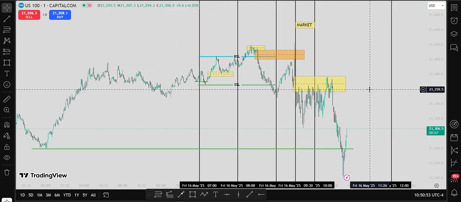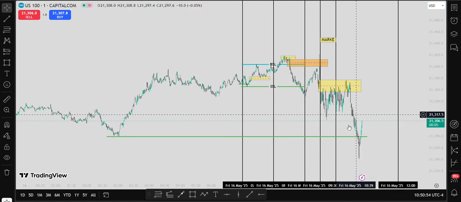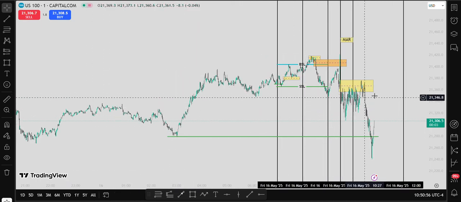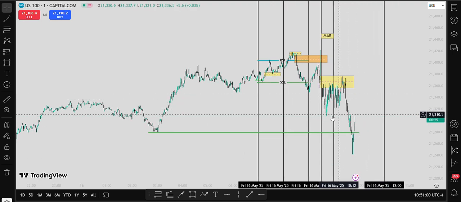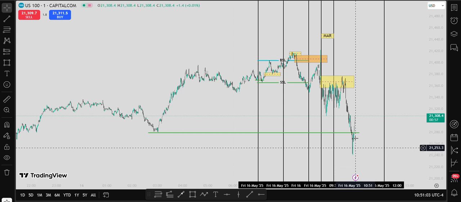And currently, as you can see, the market has already taken this low, and we actually passed our market open. The low has already been created.